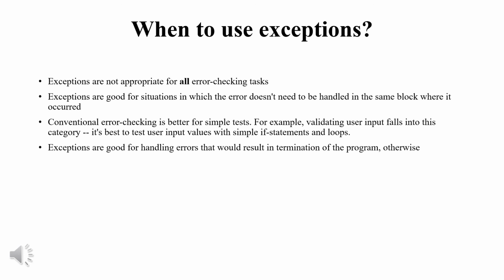So exceptions are good for handling the errors that result in the termination of the program, right? So you see that you need to use the exception for those types of error that really do need to be handled, because if you don't handle them, they can cause a serious problem for your program.